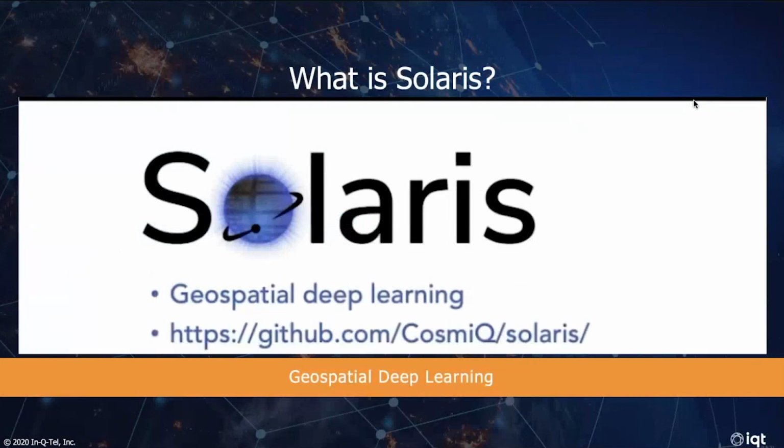So what is Solaris? Solaris is, as I mentioned, a geospatial deep learning software package, which helps make a lot of the arduous and more involved processes of geospatial deep learning and machine learning a lot easier.